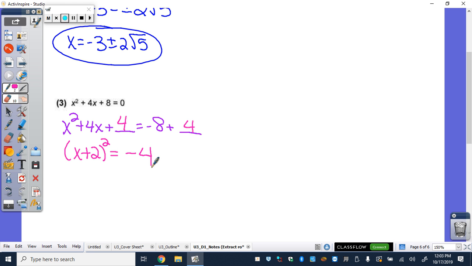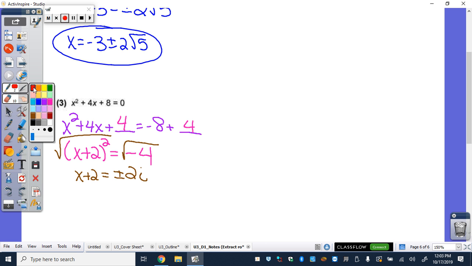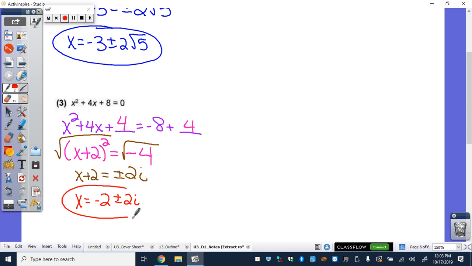On the right side, negative 8 plus 4 gives us negative 4. Now what? Square root, so we get x plus 2 equals plus or minus 2i, because again, the square root of a negative makes it i. So then we subtract our 2 over, so our final answer is negative 2 plus or minus 2i.